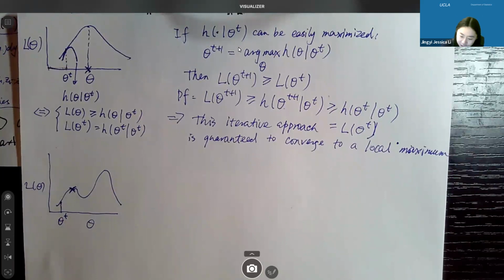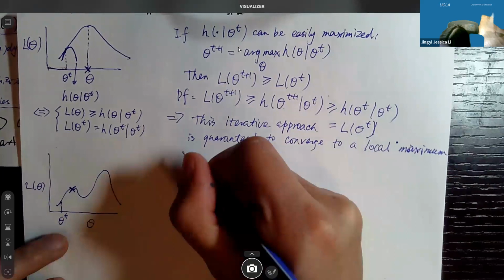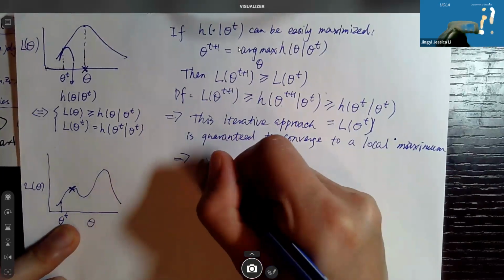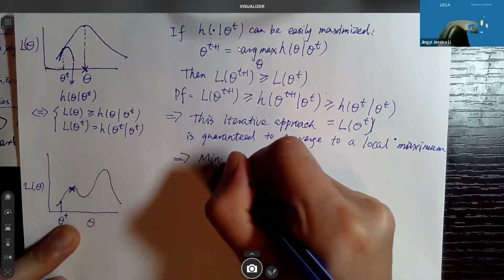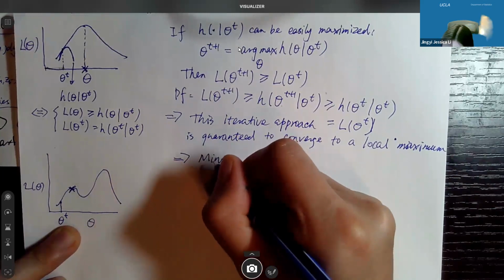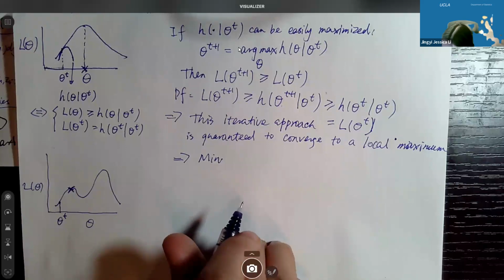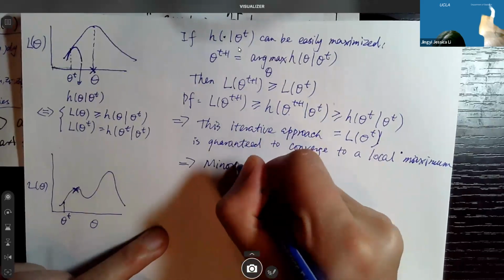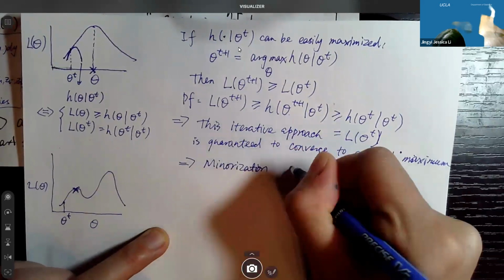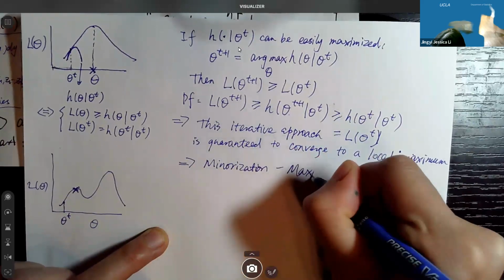Okay, so what I just introduced is called the minorization maximization algorithm.